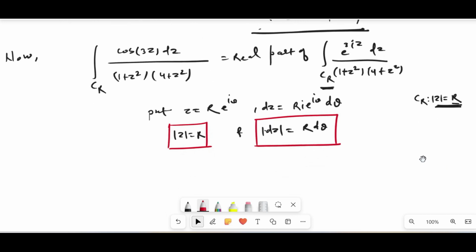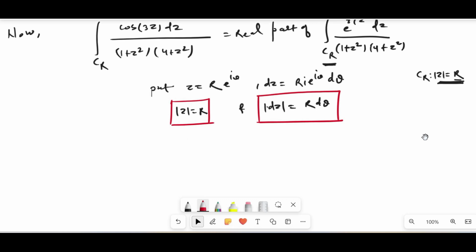So further we need to take the modulus over the curve C, because this integral is a complex value integral. So we need to convert this integral into a real integral.